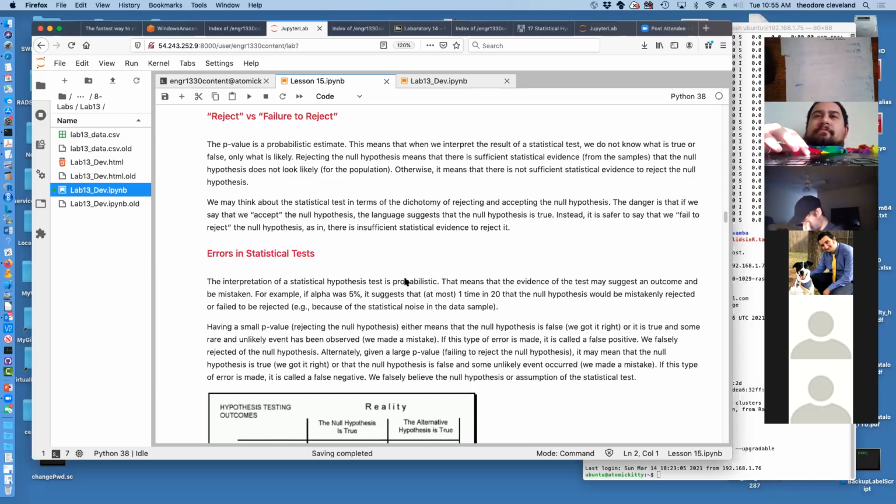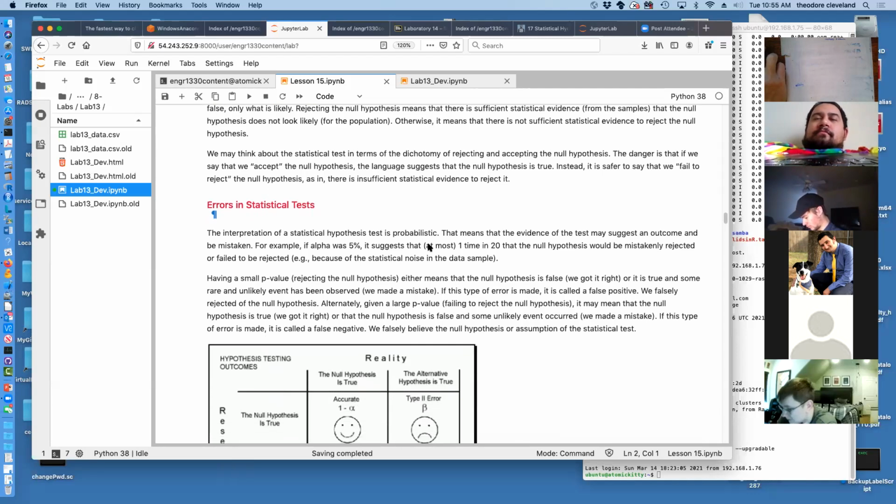It means that the evidence of the test may support an outcome, but in fact be wrong. For example, if the prescribed alpha value is 5%, it suggests that about 1 time in 20, the null hypothesis would be rejected by mistake, or be failed to be rejected by mistake.